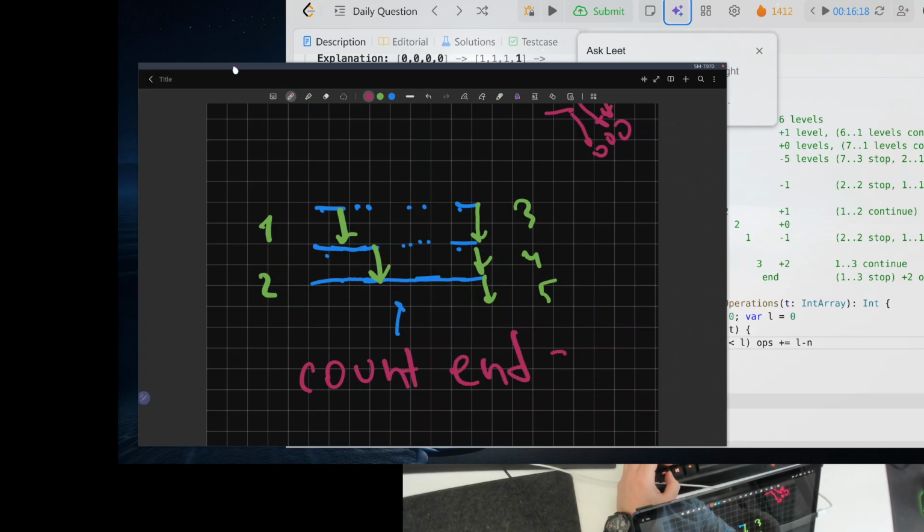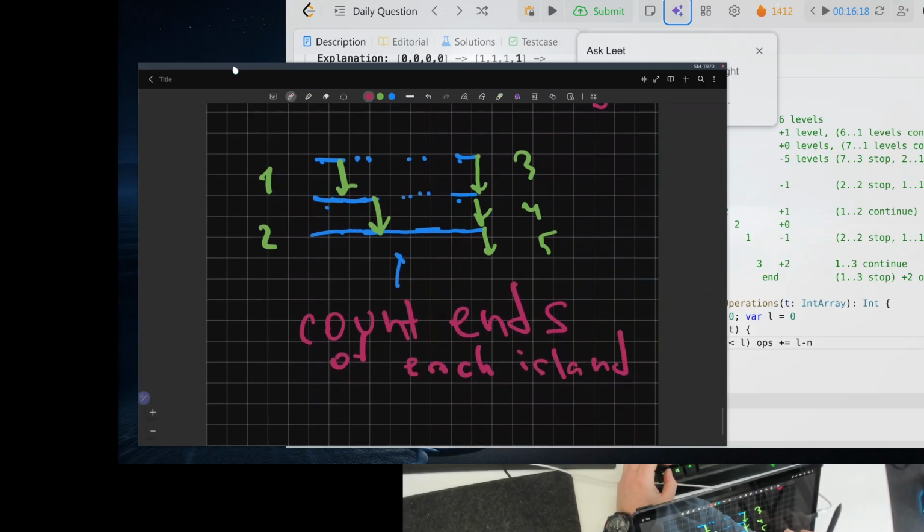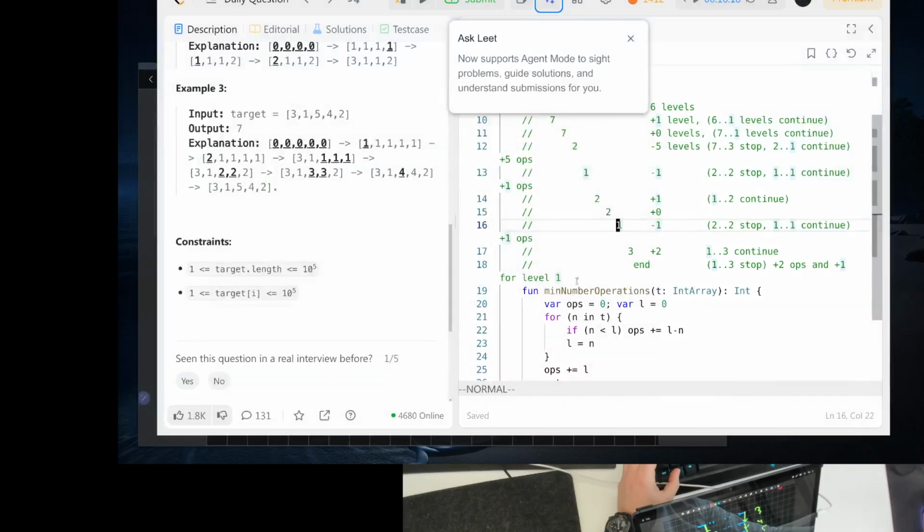So the algorithm is: count the ends of each island. This is a greedy algorithm, and it is a linear algorithm.